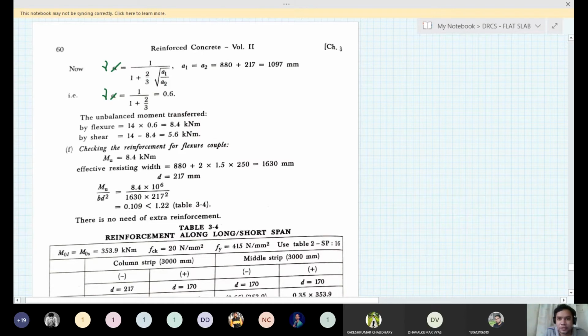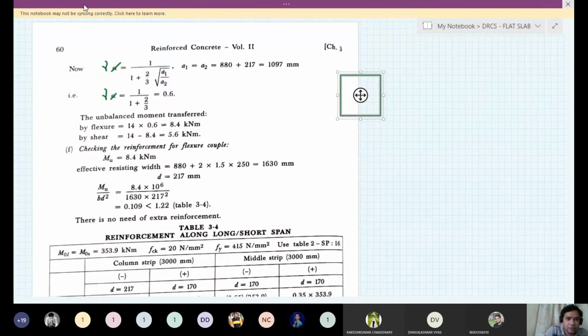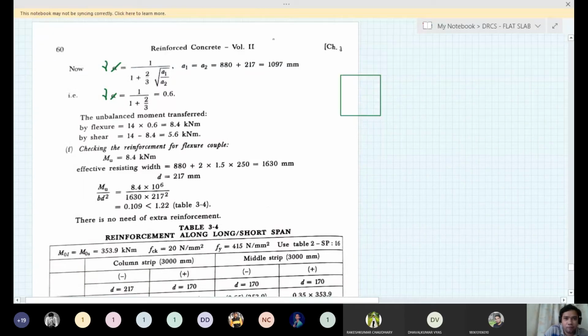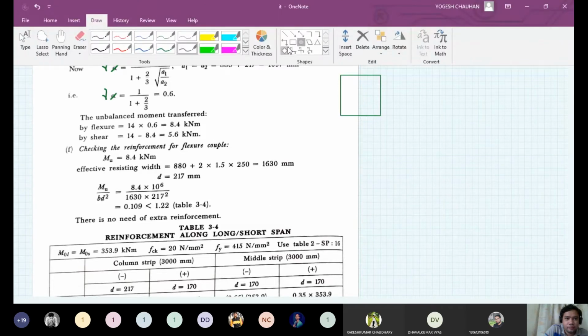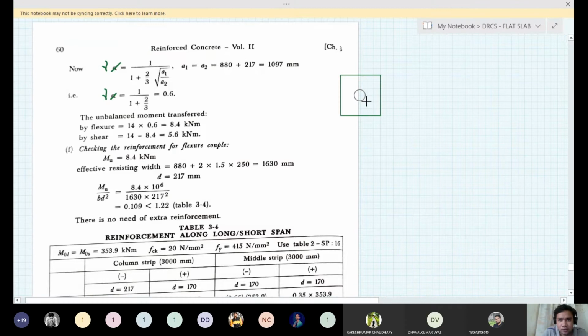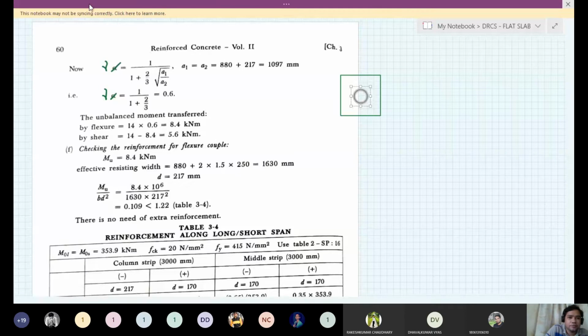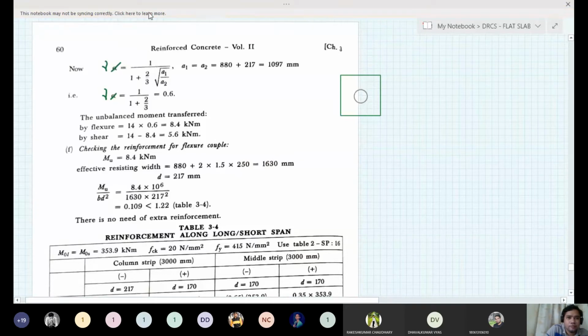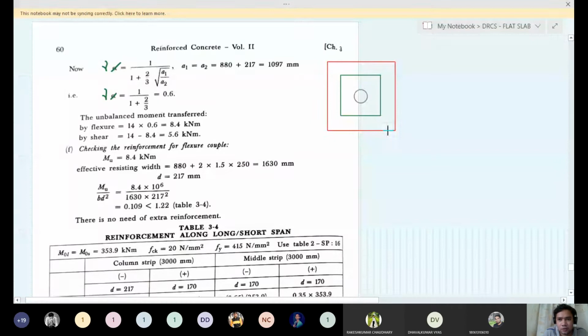So the width of the critical section is, suppose this is our square, that is the equivalent column head, and let us say this is the column, and the width of the critical section will be this.